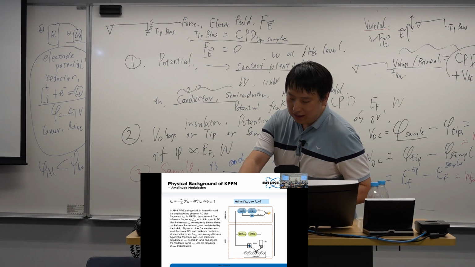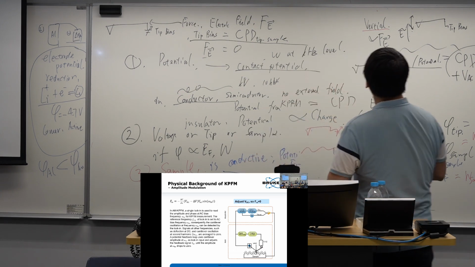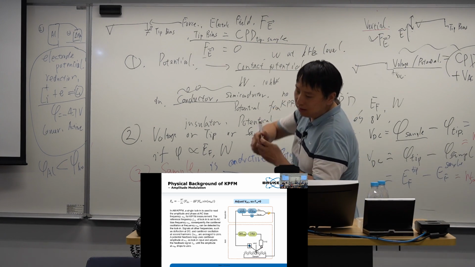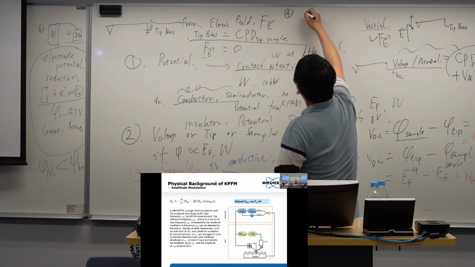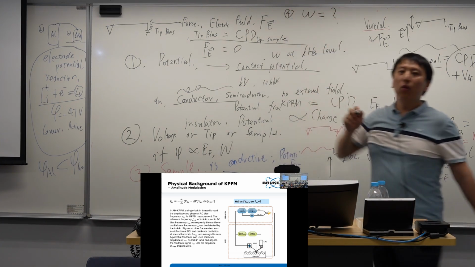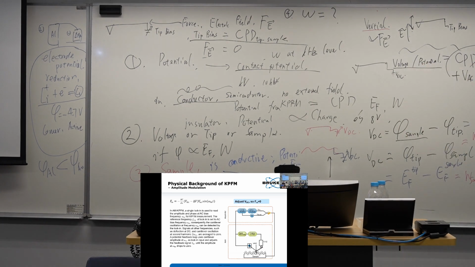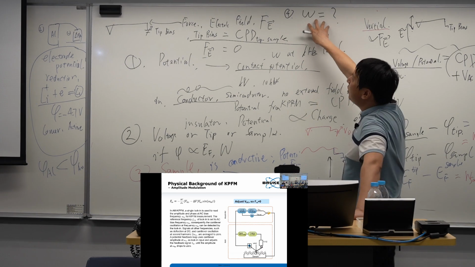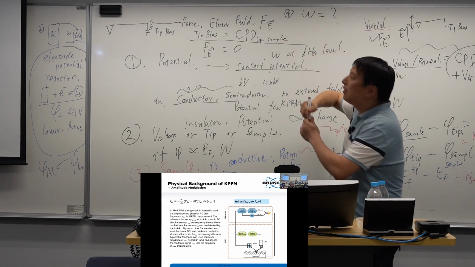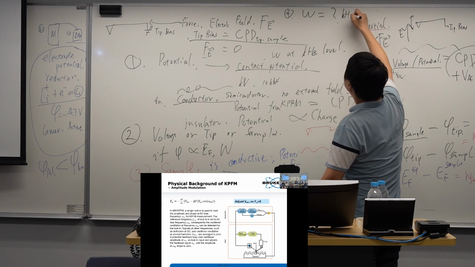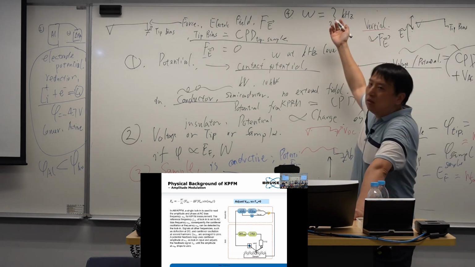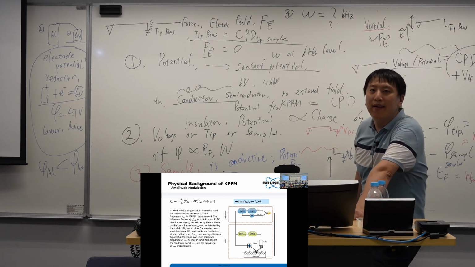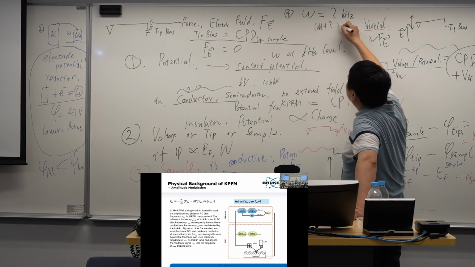The fourth one I think is related to our KPFM, so I write it at the top. What about the omega? Do we have a confine for the omega? We said the omega just needs to be in the kilohertz range to avoid noise, but can it be anything, or does it have to be a certain value? Can we use 10 kilohertz, 100 kilohertz, or 101 kilohertz?